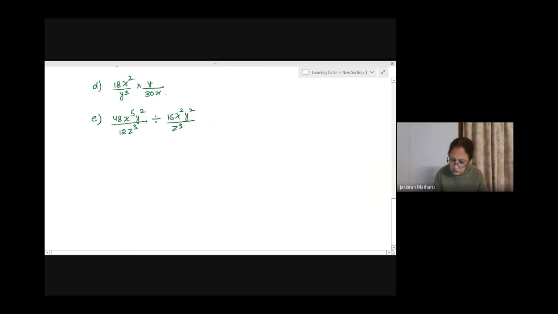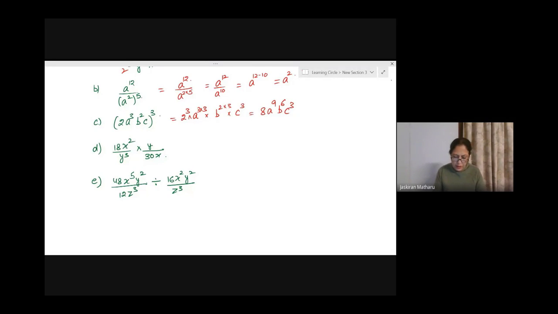Let's look at the next question. Here again, we'll look at the numbers, and the common factor is 6. So 6 3s are 18 and 6 5s are 30. And so this will become 3 by 5.